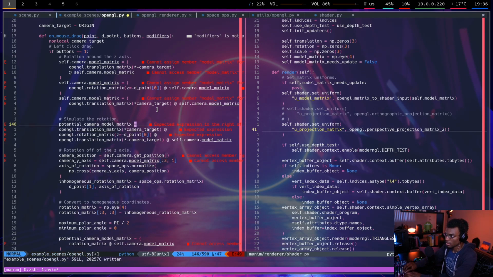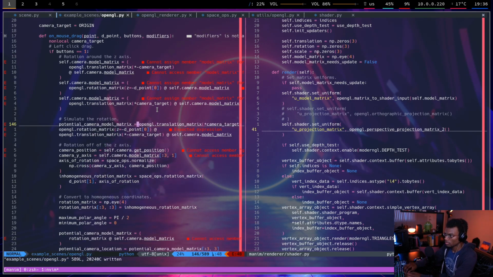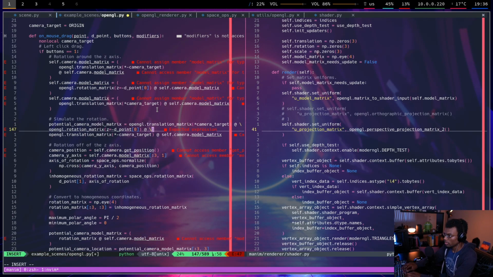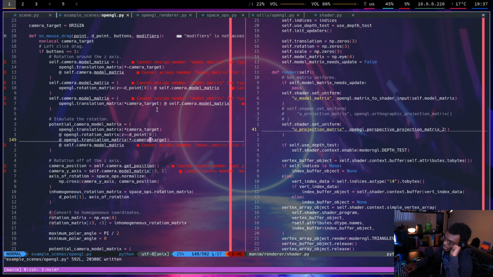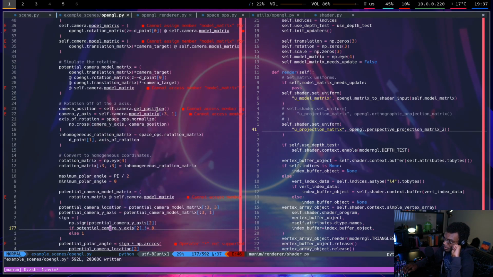This is the potential camera matrix. New line, new line. Right? So these are going to happen right to left. Translate to the camera, rotate, translate back. Okay.